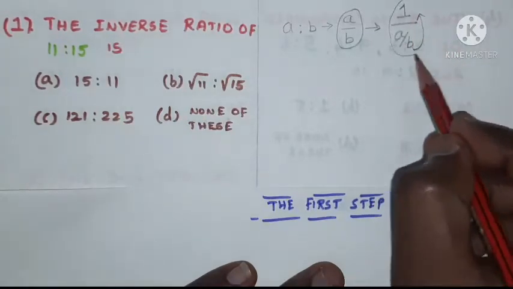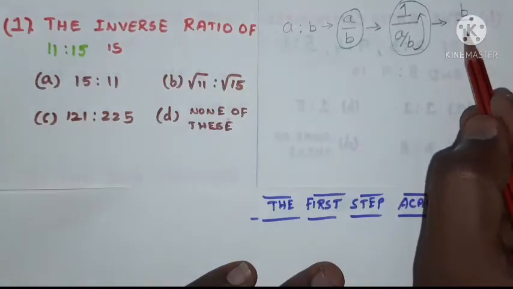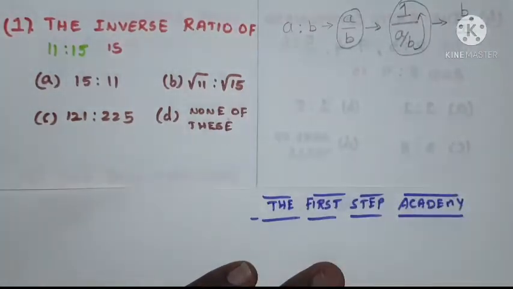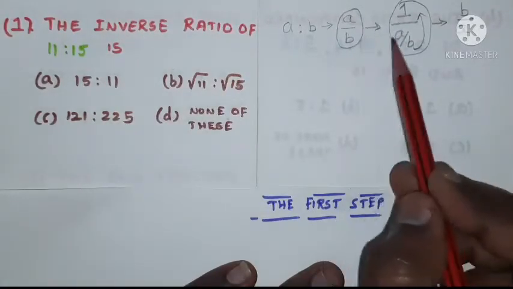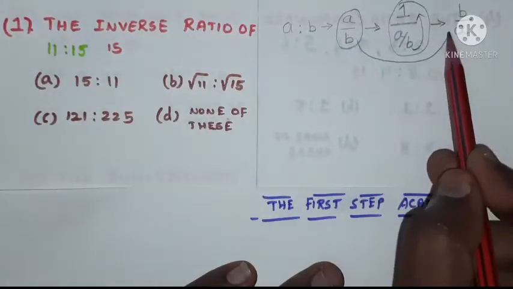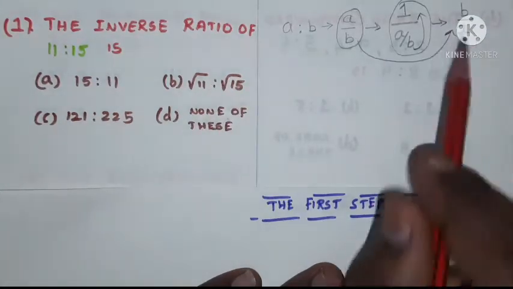Hence 1 divided by A by B can be written as B by A. So the inverse or reciprocal of the ratio A by B can be represented as B by A. Am I right? So this is the concept.